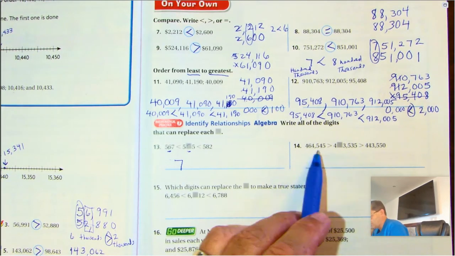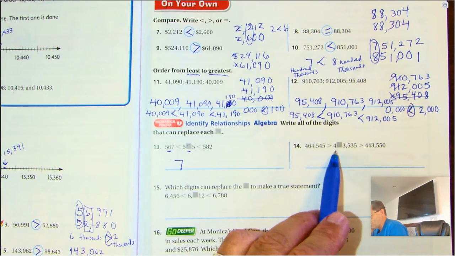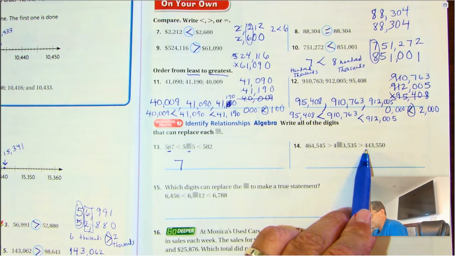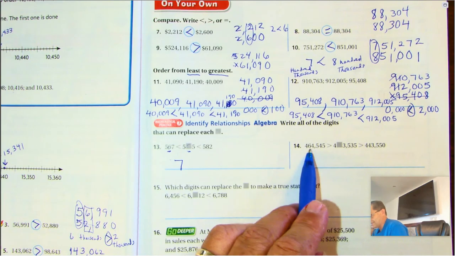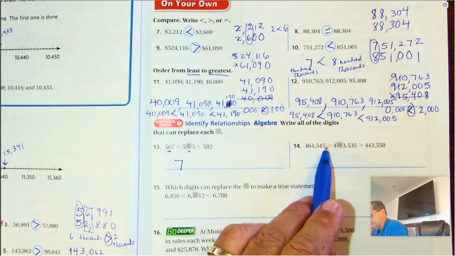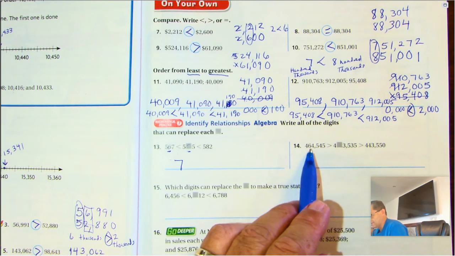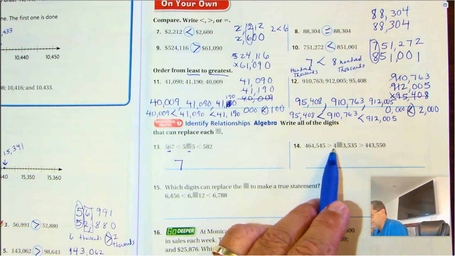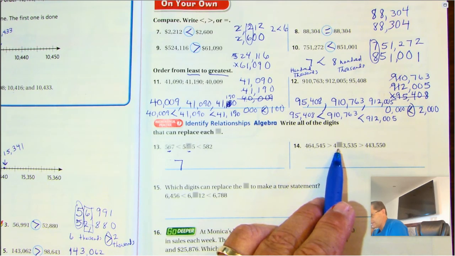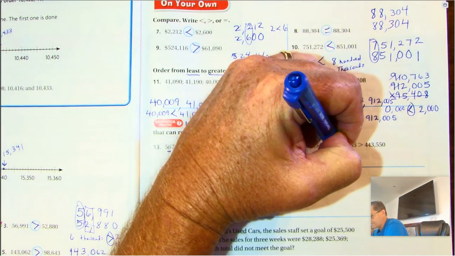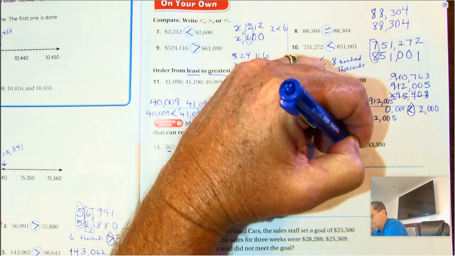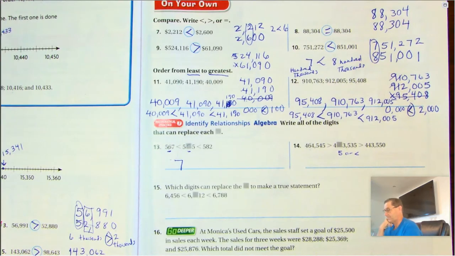Now let's go to the next one. We see 400,000, 400,000, 400,000. We have 6 10,000s, and this next number has the 6 10,000s is greater than it. So it has to be 5 or less.